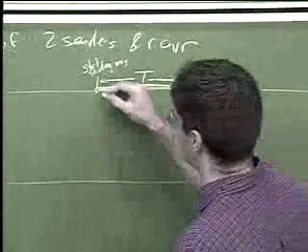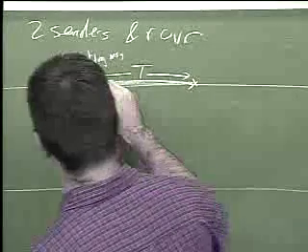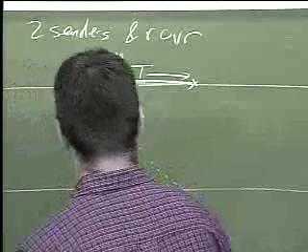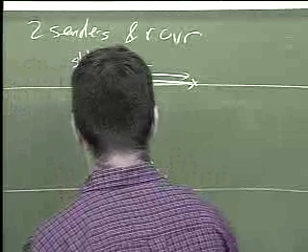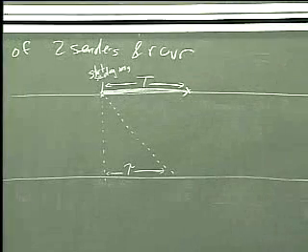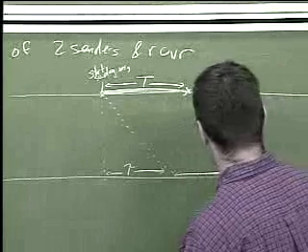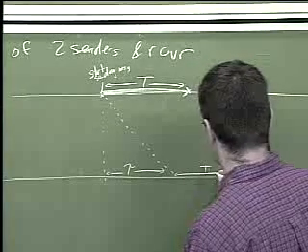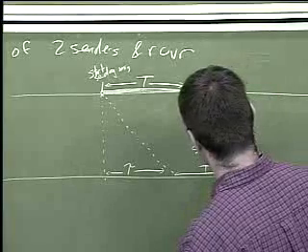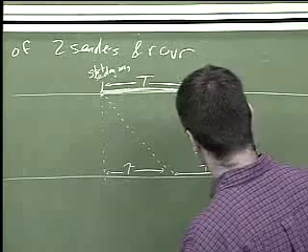Okay? And then that message actually gets to the receiver sometime tau later. So this distance here is this propagation delay tau. Okay? So the message arrives there, and during this interval in time of length T, sender 1's message arrives.